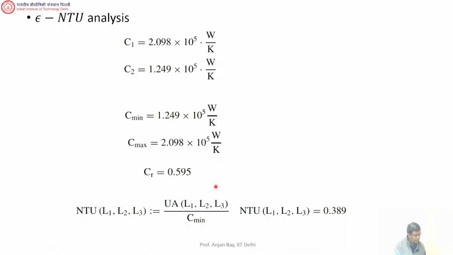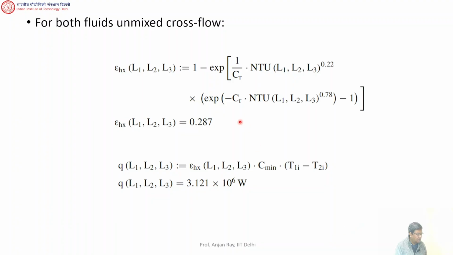We also have NTU because we just found out UA. And then we can calculate NTU to be 0.389. And then this is the expression for fluids in unmixed cross flow. So that gives you the effectiveness of the heat exchanger to be 0.287.